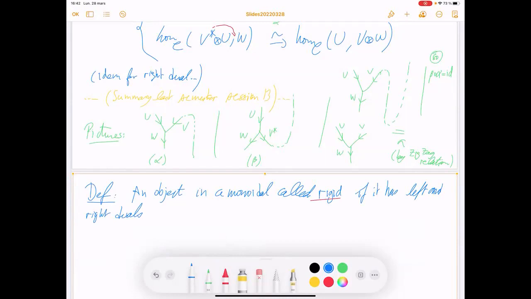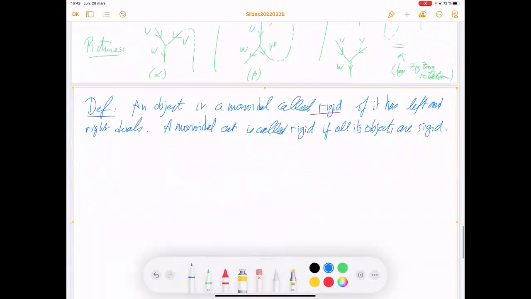Duals, the plural, may not be the same. A monoidal category is called rigid if all its objects are rigid. Okay, so now we know what a rigid monoidal category is.